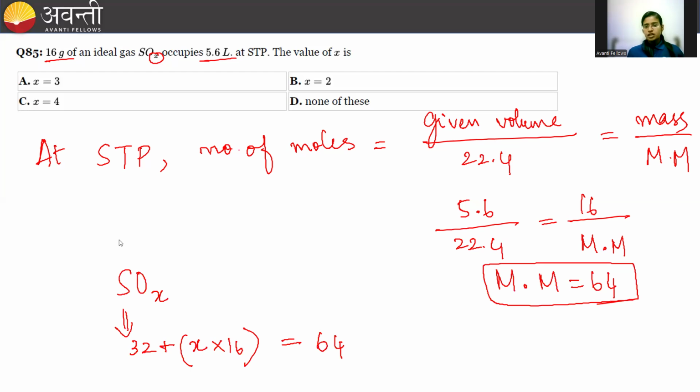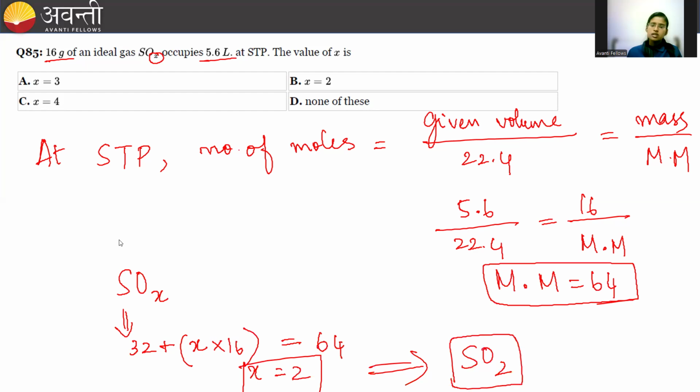Okay. So sum of the atomic masses will give the molecular mass and the molecular mass is 64. We need to find out the value of x. Now on solving this, we will get the x value as 2. So the given gas is sulfur dioxide. Okay. Value of x is 2. So option B is the correct answer for this question.